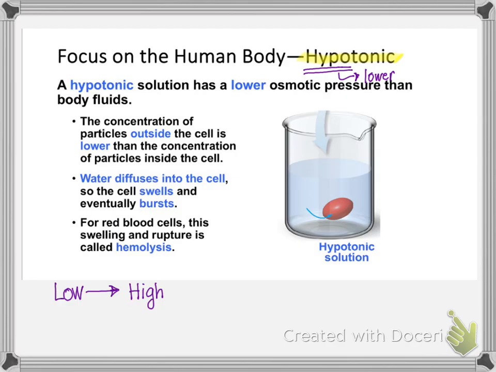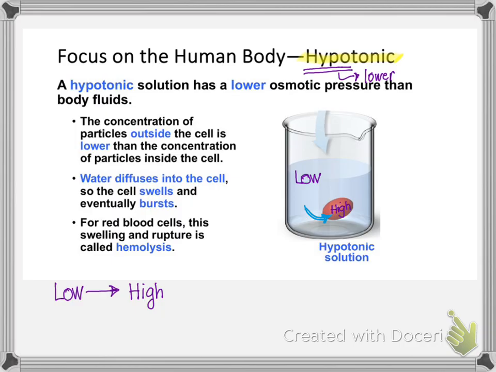Remember, it goes low to high. So if the solution is lower than the red blood cell, then you can see with their blue arrow, I'll draw it more boldly right there, the water is going to flow more readily into that red blood cell.